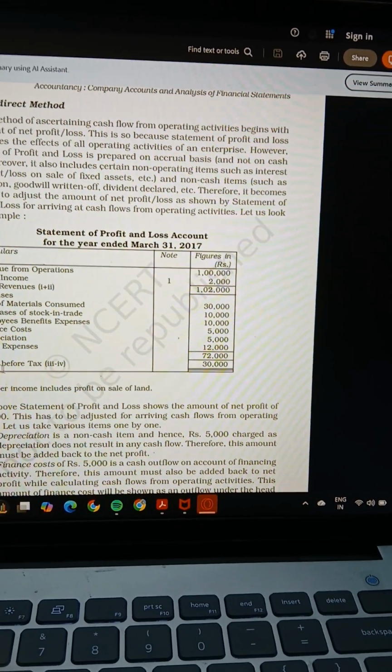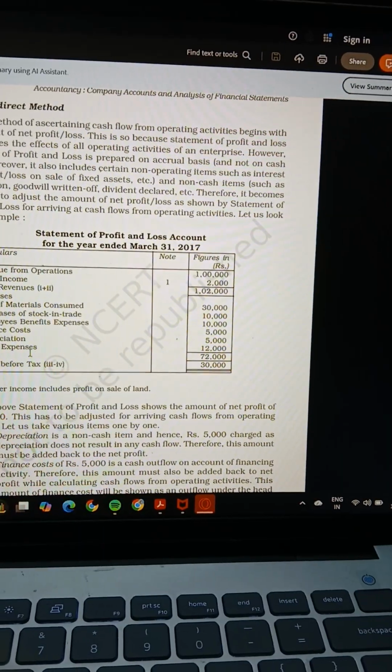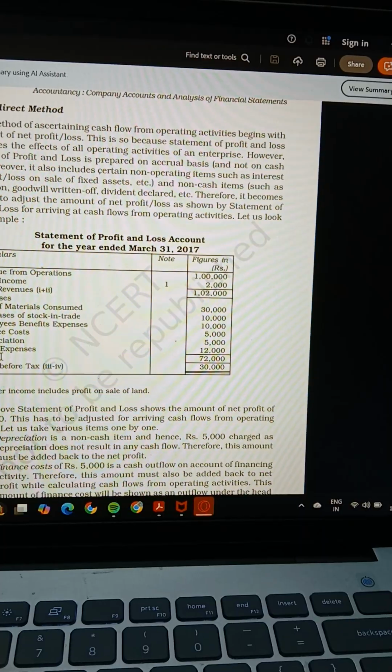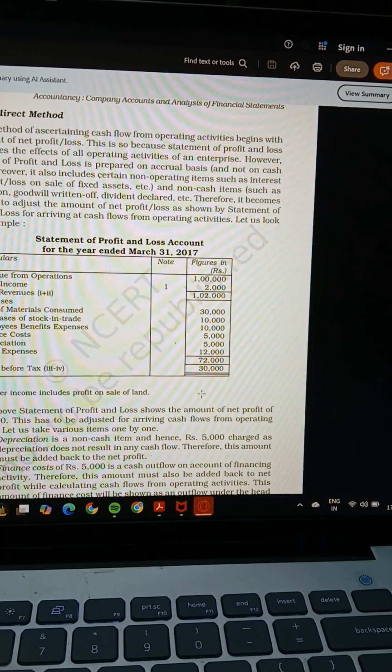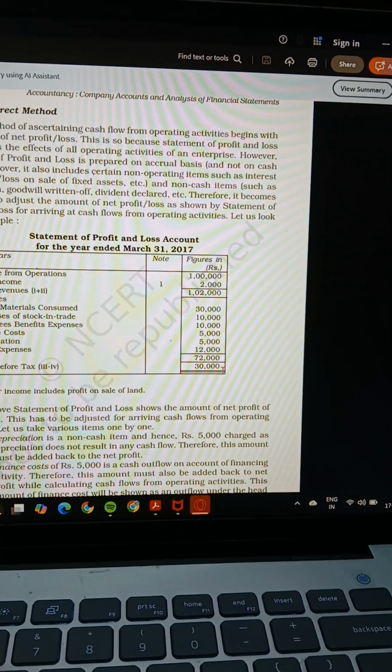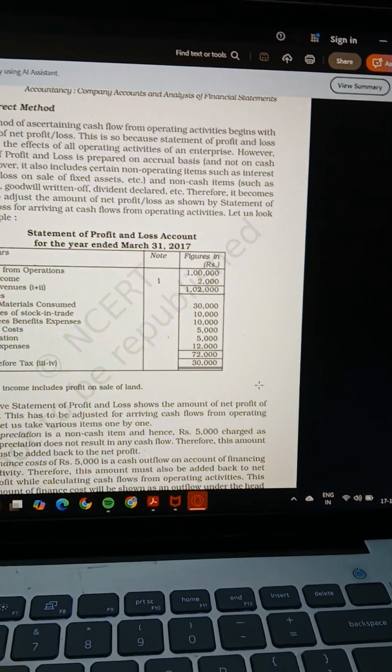Then profit before tax is arrived at by reducing the total expenses from the total revenues, that is 1,02,000 minus 72,000, which will be 30,000.